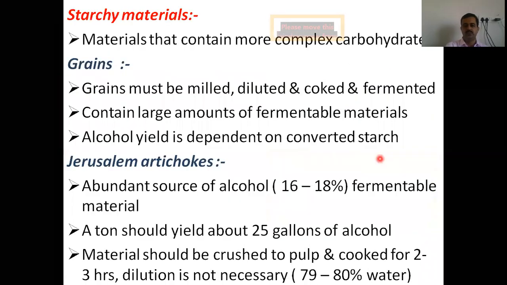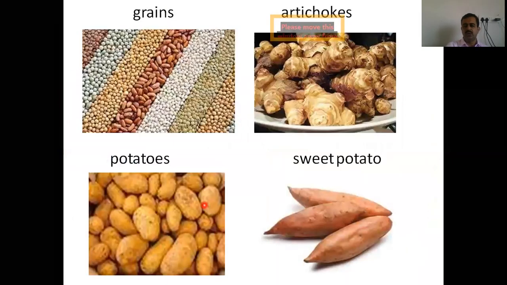Starchy materials contain more complex carbohydrates; grains must be milled, diluted, cooked and fermented. They contain a large amount of fermentable material. Alcohol yield is dependent on conversion of starch. So starchy material is also there. Jerusalem artichoke, abundant sugar alcohol. Artichoke means adrak in a very simple way.